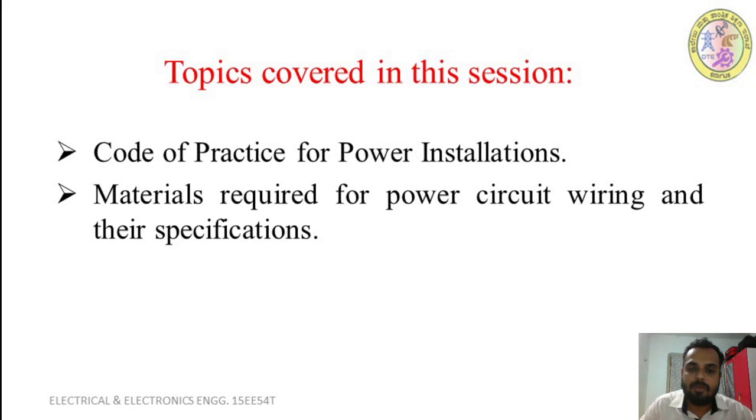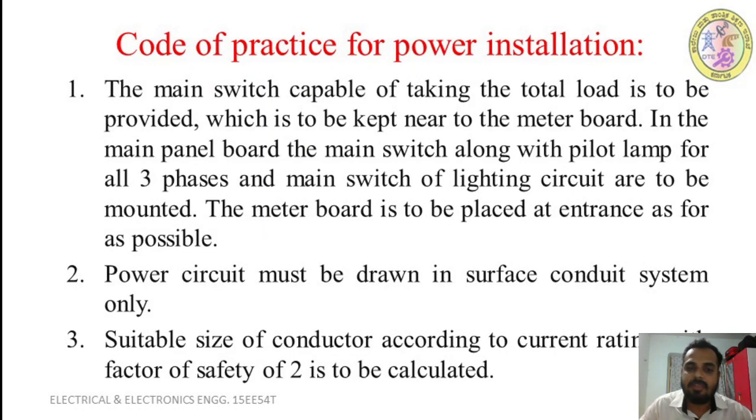The topics which are going to be covered in this session are the code of practice for power installations, and the materials required for power circuit wiring and their specifications. First we'll discuss what we mean by power installation. As you all know, power installation means the installation of motors or machines in a workshop, a machine shop, or in any large or small scale industries.